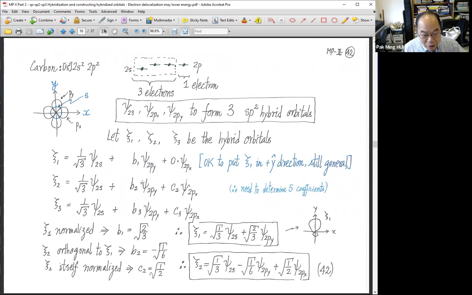So the only thing you need to do is this times that. But B1 is now known, and therefore it is easy to determine that B2 is 1/6 square root with a minus sign in front. After fixing B2, the remaining C2 can be fixed by C2 itself being normalized, and that gives you the last coefficient. So all in all, C2 is determined to be this.